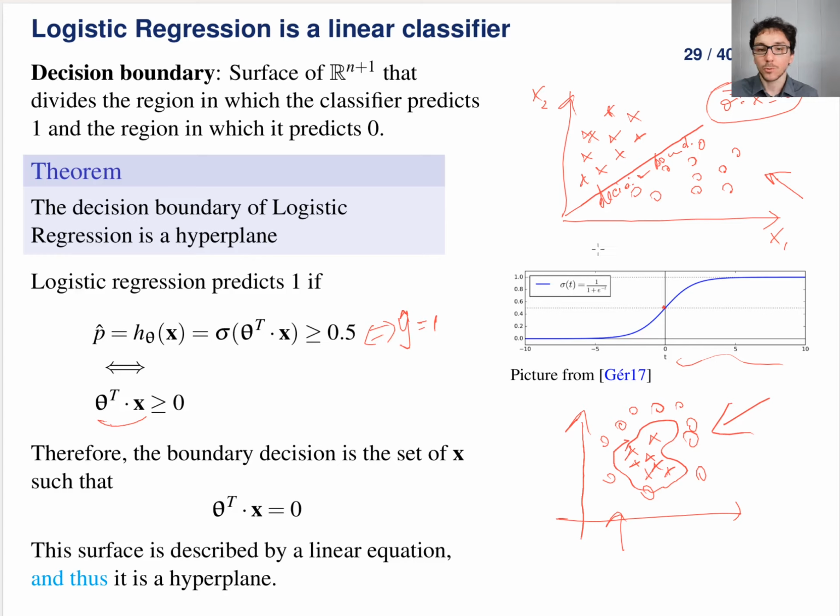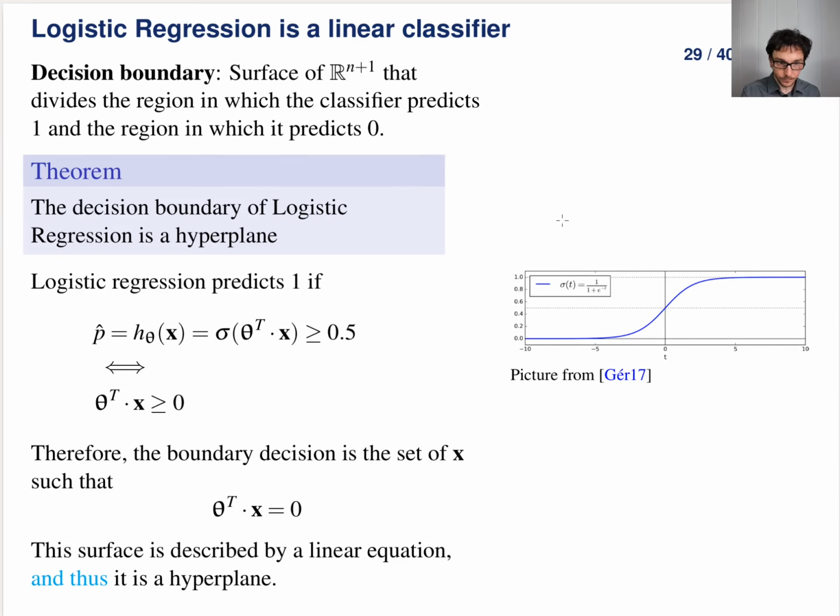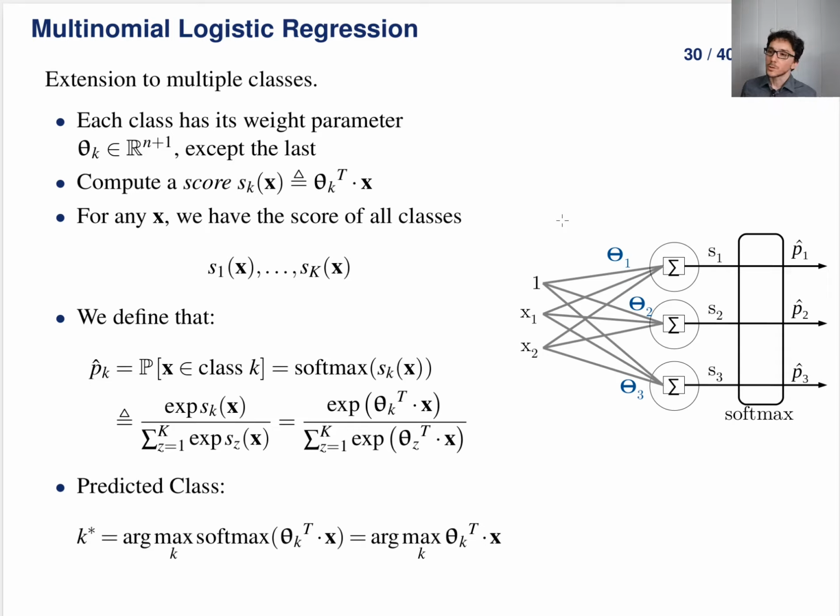Now we have just drawn examples in 2 dimensions, but the reasoning is the same in higher dimensions. In this case, the decision boundaries are not lines, but they are hyperplanes. Now, so far we have talked about binary logistic regression, but we can also do multi-class classification with logistic regression, and in this case we talk about multinomial logistic regression.